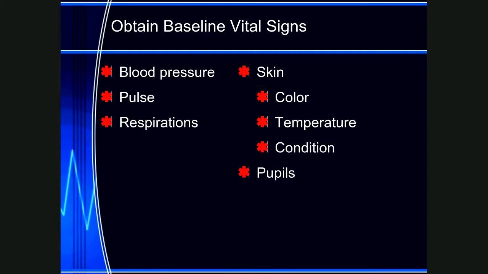And we're also going to check their pupil response. Getting a good set of baseline vital signs allows you to see trends in your patient's condition and helps you to respond appropriately to their situation.